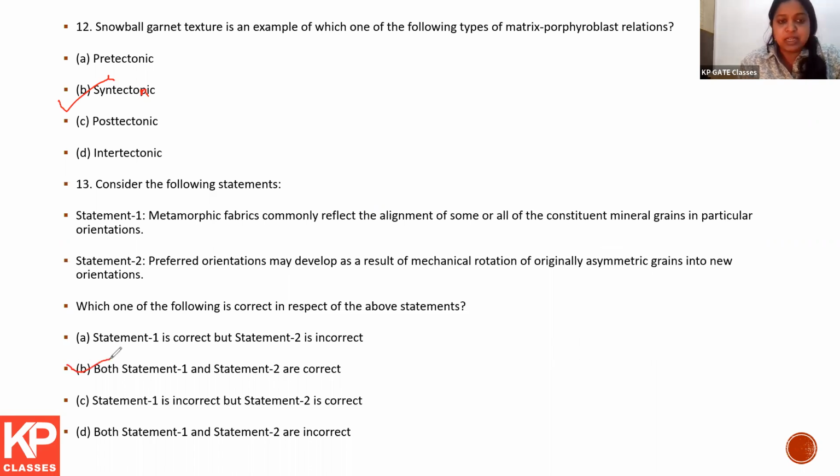Both statements are correct, so the right option will be option B. Only this question number 13 was a bit more, not easy. We can say it's a medium level question where you have to read the statements two times to get the answer.